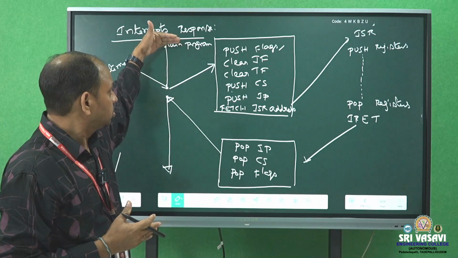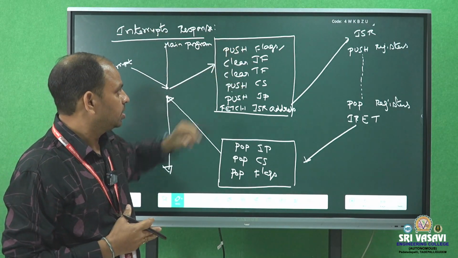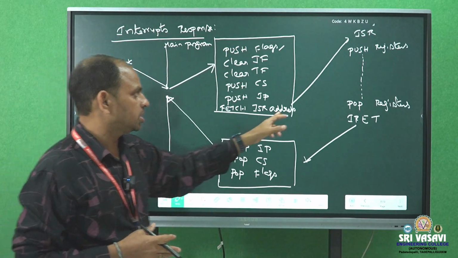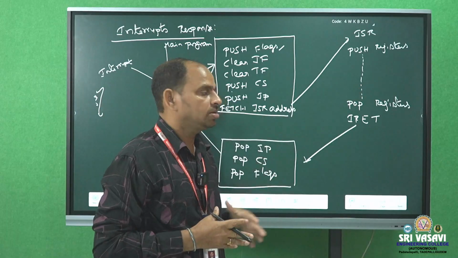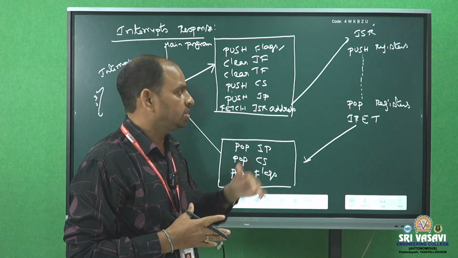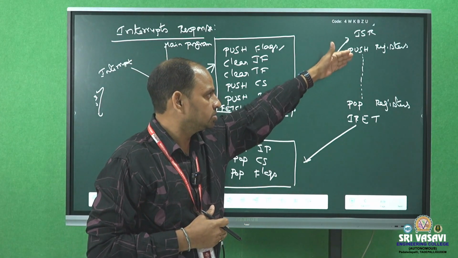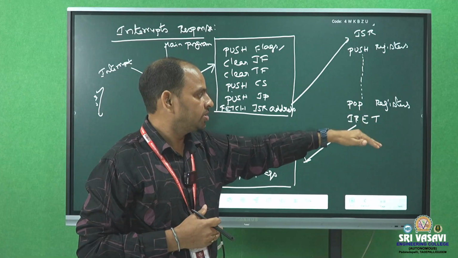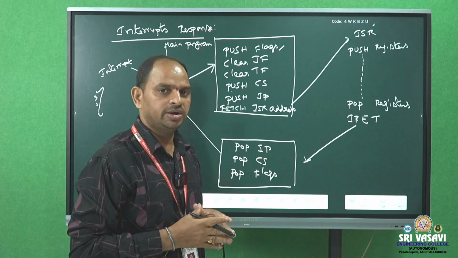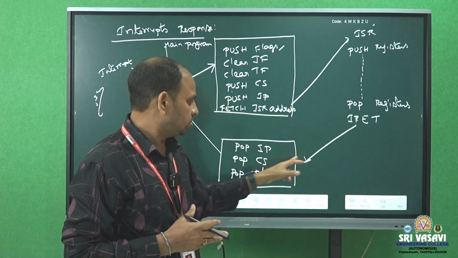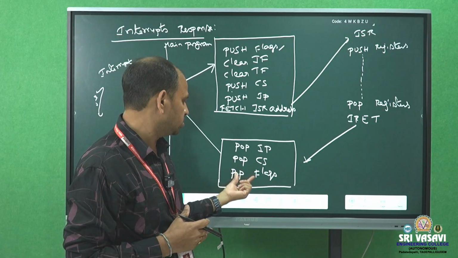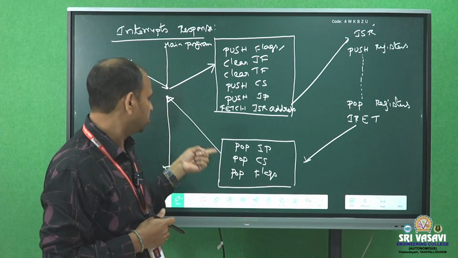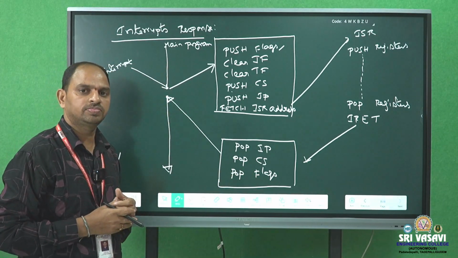Okay. So first it saves these contents, then it goes to the ISR, then it pushes the registers, executes the ISR program and pops the registers. Next it executes the IRET instruction, then pops IP, pops CS, pops flags, then goes to the main program.